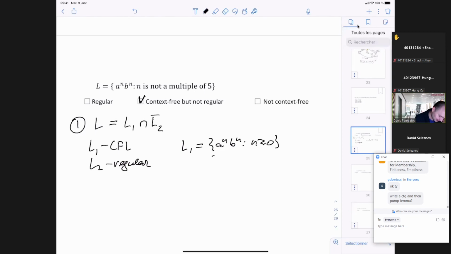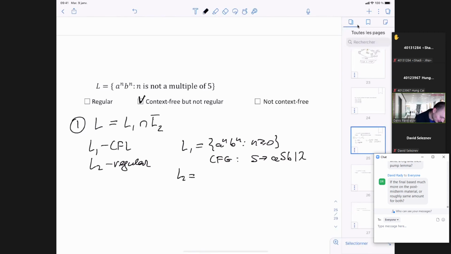The reason that it is CFL is it has a CFG, which is S → aSb or lambda. And L2 is the language of the regular expression (a+b)(a+b)(a+b)(a+b)(a+b) star.